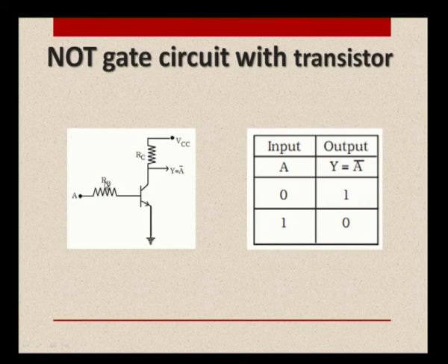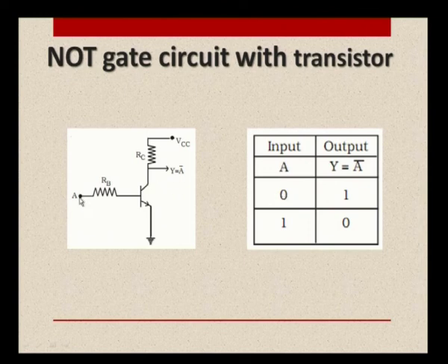We have the base resistor and also the collector resistor connected. It is connected to the VCC, which gives the proper biasing condition for this transistor. Now, whether the junctions are forward or reverse biased is going to be decided by the input voltage that we give here at point A. Let us take the first input, which is 0.